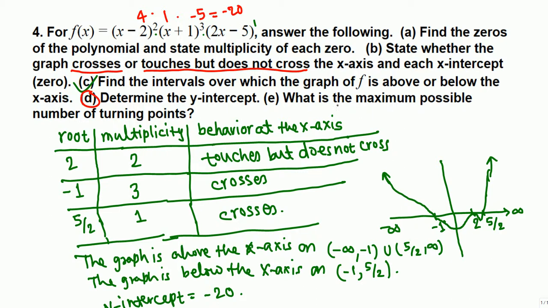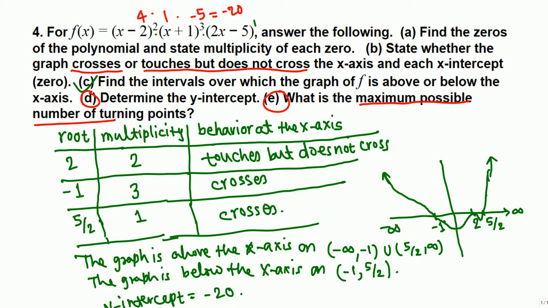Okay, now what is the maximum number of turning points? So let me answer here, maximum number of turning points. So look at this graph, it's kind of clear. It's coming down here, 1, 2, 3. So we have 3 turning points, but we could have more than that. Though we have only 3, look at the degree.